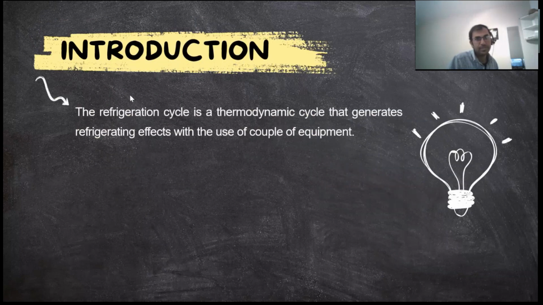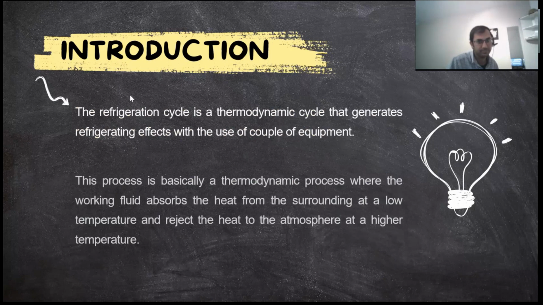Basically, the refrigeration cycle is a thermodynamic cycle that generates refrigerating effects with the use of a couple of pieces of equipment. We have learned the thermodynamic cycle, so it is simply a thermodynamic cycle which generates refrigerating effects.